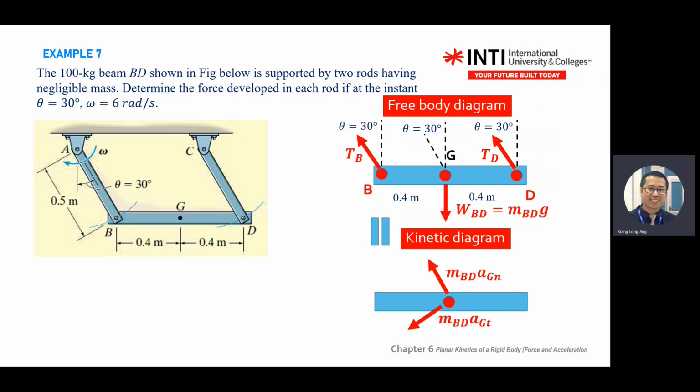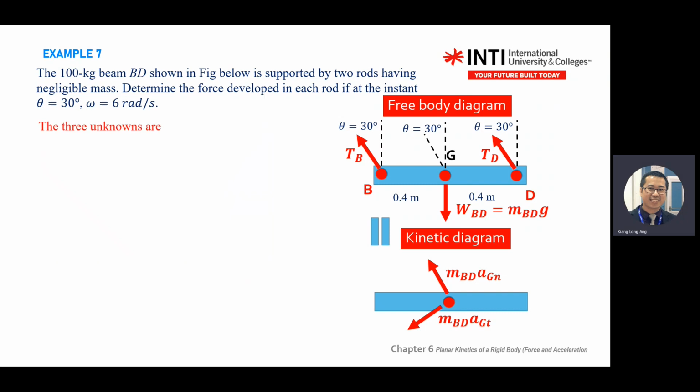Your B moves in curvilinear motion, D moves in curvilinear motion, but this is one body, so your center of mass also moves in curvilinear motion. You have tangent and normal direction, so same. AG and AT, what is the direction? 30 degree from the center. Same. Yeah, so this is a tricky place.